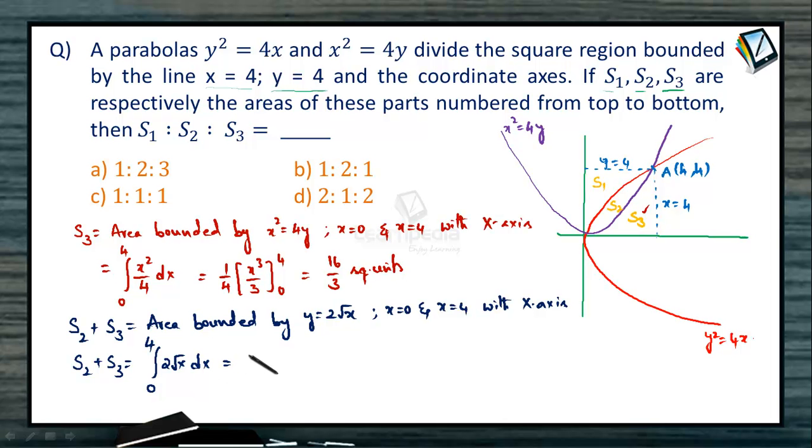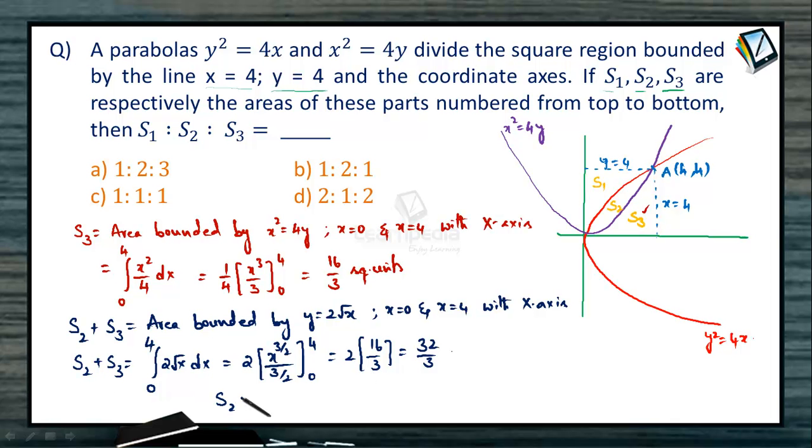This can be evaluated as 2 times x to the power of 3 by 2, divided by 3 by 2, evaluated between the limits 0 to 4. That is 2 times 4 to the power of 3 by 2, divided by 3 by 2. That is 16 by 3, so this is coming to be 32 by 3 square units. But out of this we know the value of S3.